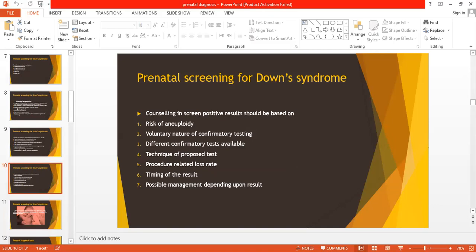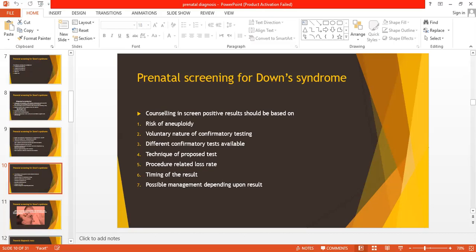God forbid, it is not that your child has been diagnosed with Down syndrome. It is just that you are at increased risk of having a Down syndrome fetus as compared to the population of your age, right? Then you will offer them confirmatory tests, and you will discuss with them that the confirmatory testing is voluntary in nature.